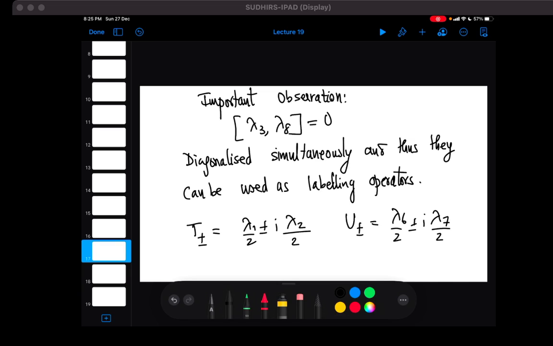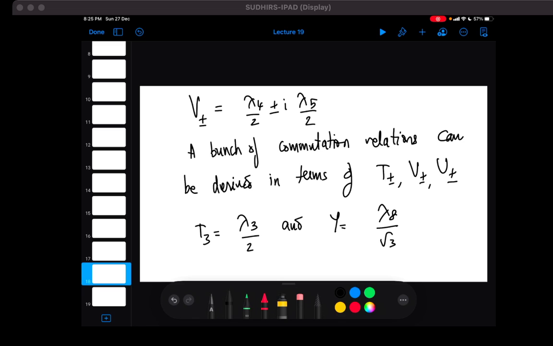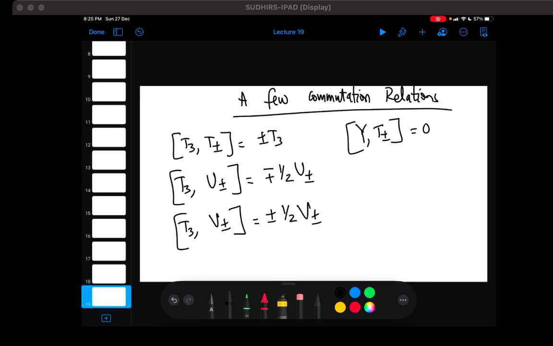Acting upon T3 also modifies this, so U also gives me this particular relation.